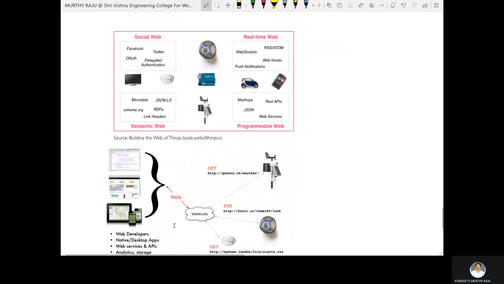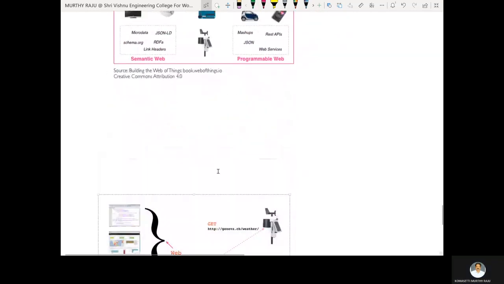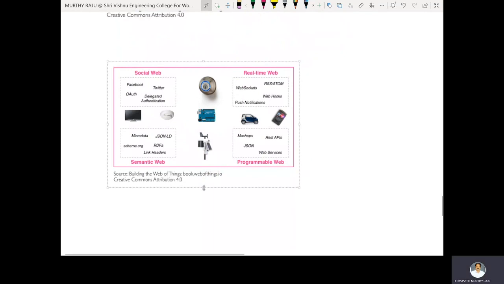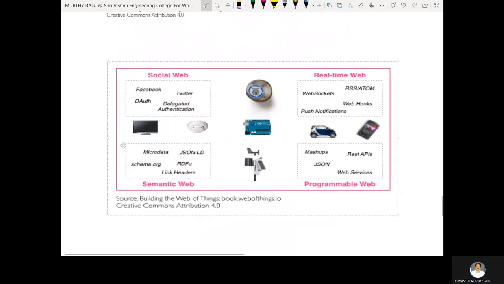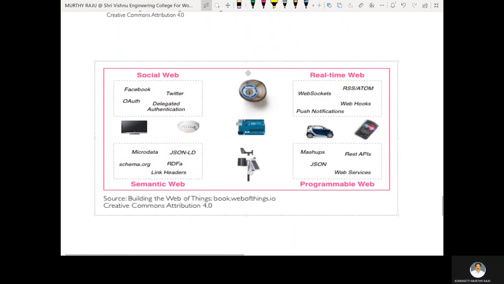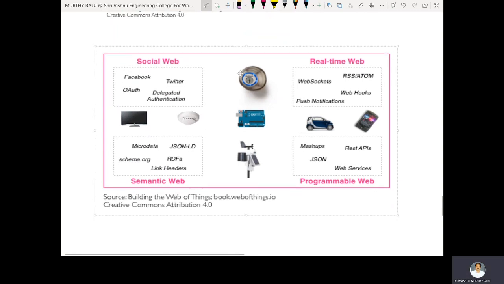Coming to this one. These are the social web, generally Facebook, Twitter. These are the semantic web.